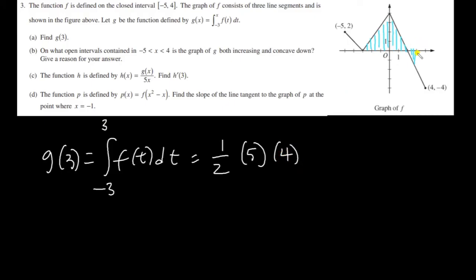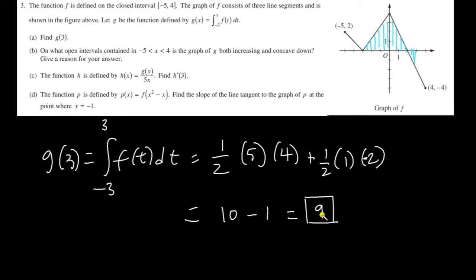For this little triangle, it's going to be minus because it's under the x-axis, so the area is considered negative: 1/2 times 1 times 2. Or you could call it plus and then -2, whatever makes more sense to you. Either way, we're going to get 10 and -1, which is 9.